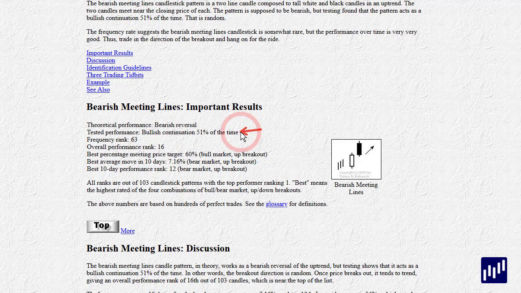So that means instead of being a reversal pattern, they marked a continuation higher 51% of the time. But basically they work half the time. So 49% of the time they marked a bearish reversal, 51% of the time they marked a bullish continuation pattern. So, candlestick patterns are short term. And overall, 50-50 is around the batting average on these candlesticks.